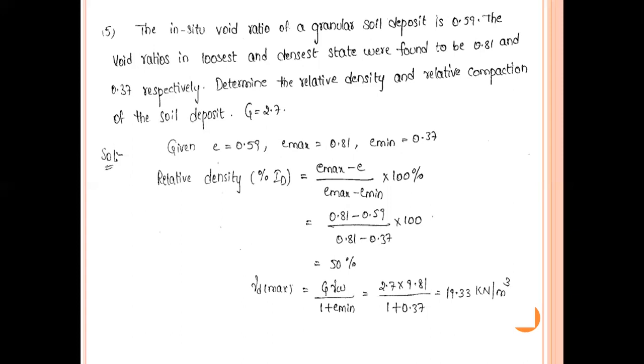So next, let's write the given data. Here the void ratio is indicated by E, so E equals 0.59.